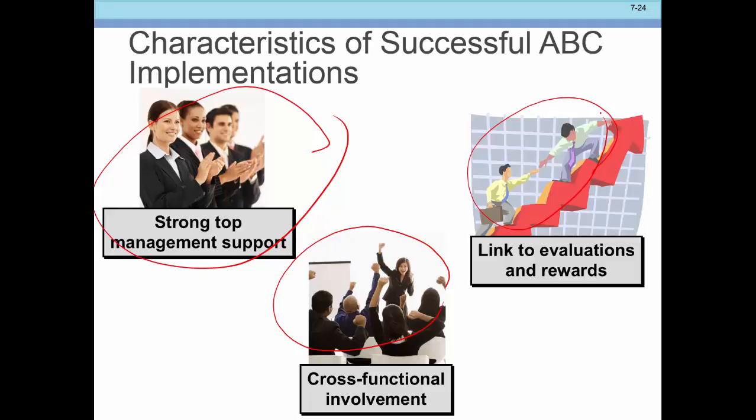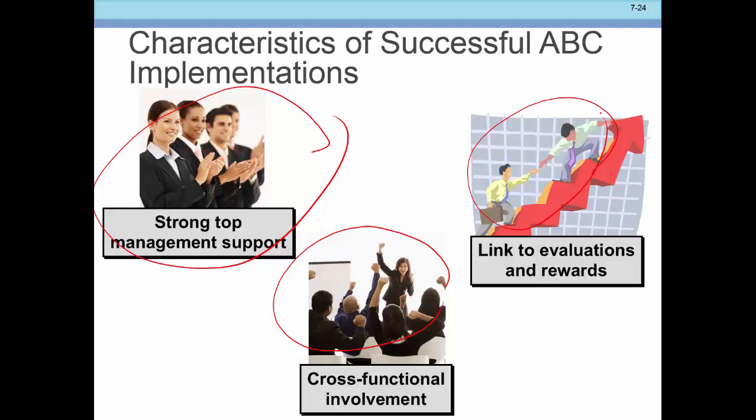He's going to have to know that the plant manager is on board with this whole effort, right? And then link to evaluations and rewards. So maybe you have as an expectation that individuals would participate in office improvement or factory improvement projects or something.